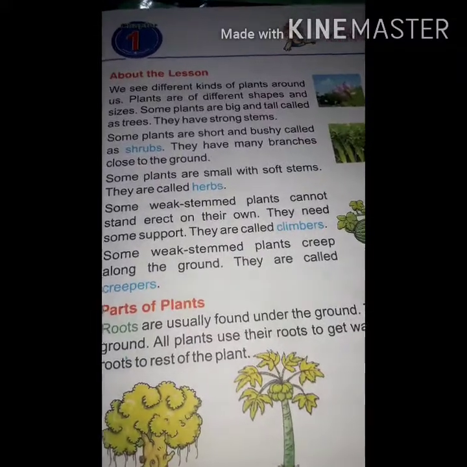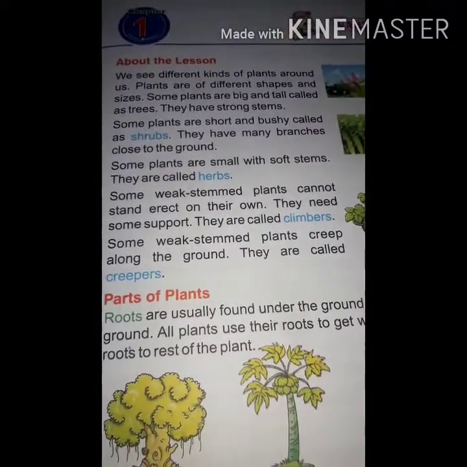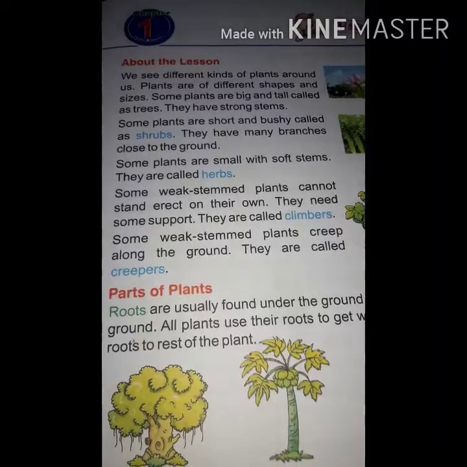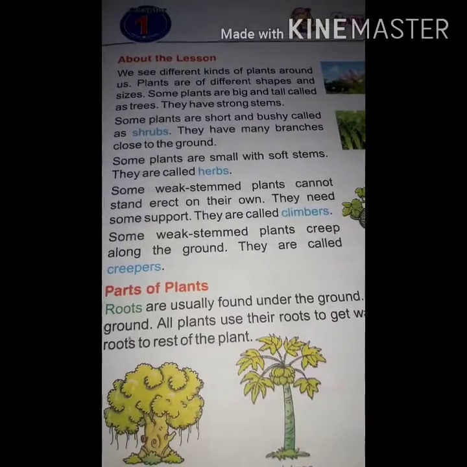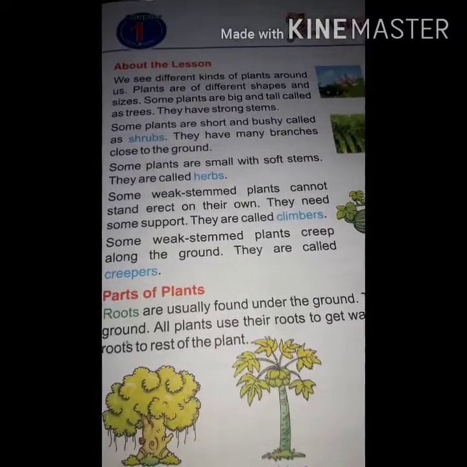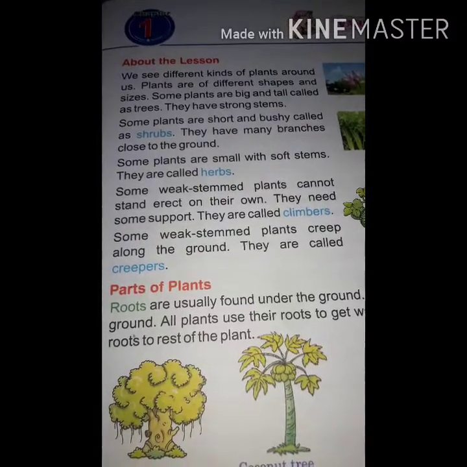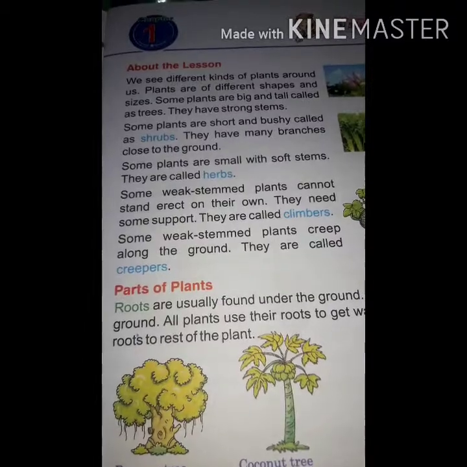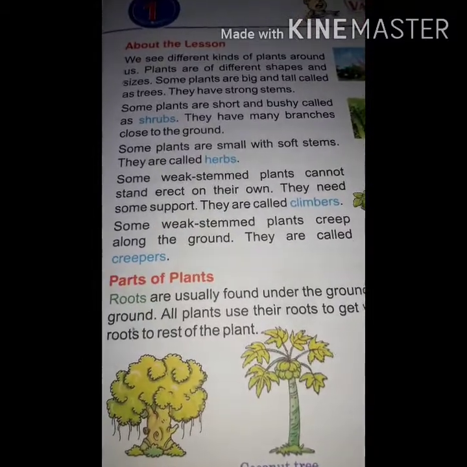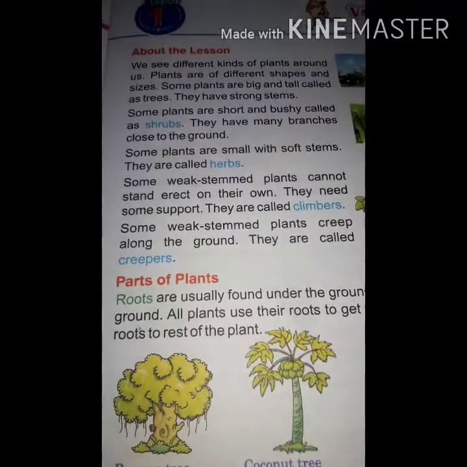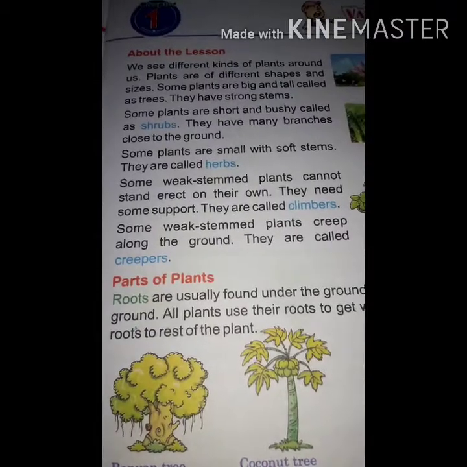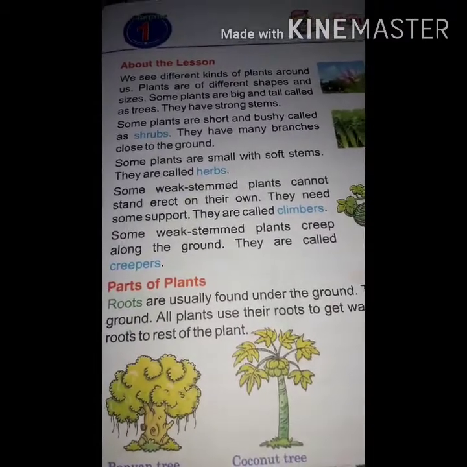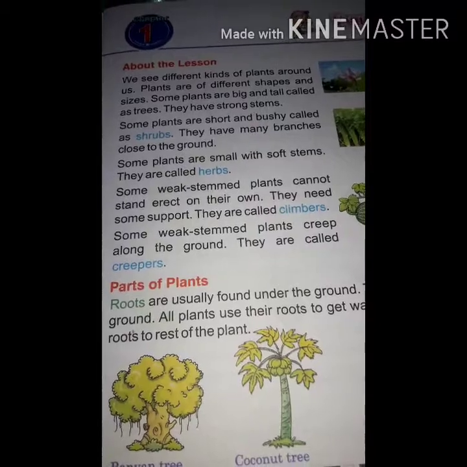Some weak-stemmed plants cannot stand erect on their own. They need some support. They are called climbers. These plants lie on the earth to get support. Some weak-stemmed plants creep along the ground. They are called creepers.